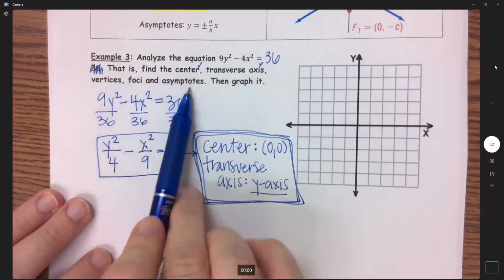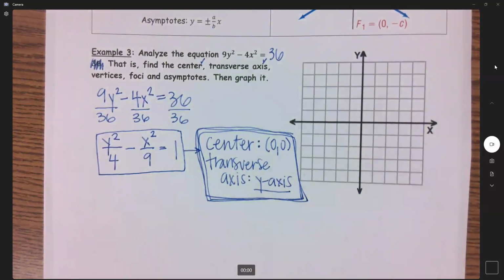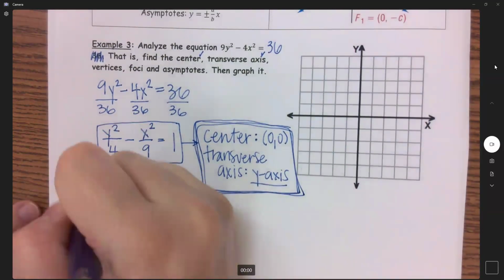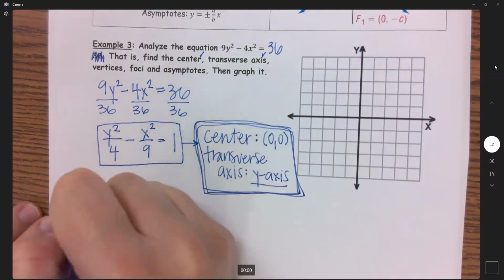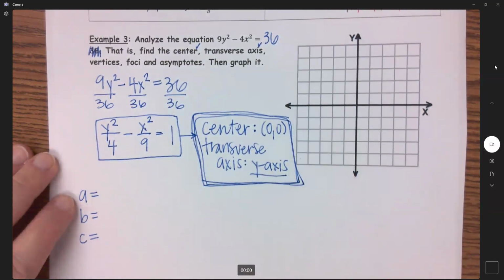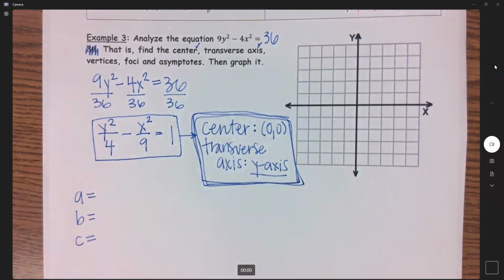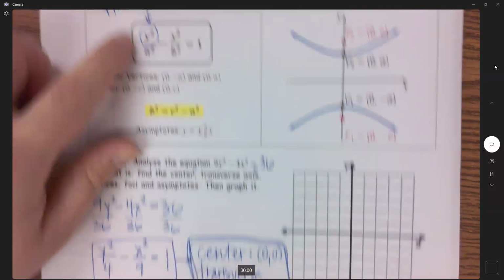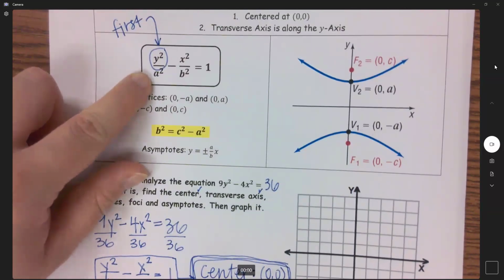Now I need vertices, foci, and asymptotes, and I need my a, b, and c for that. Okay, what does a equal? It is not 9. A here is always first.